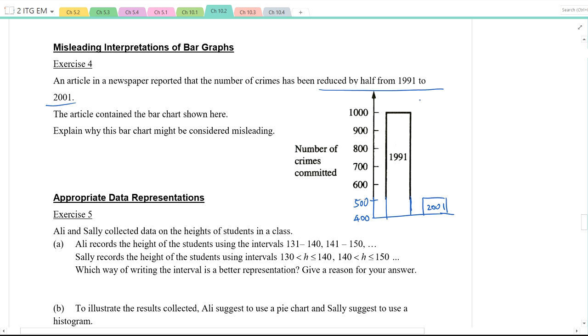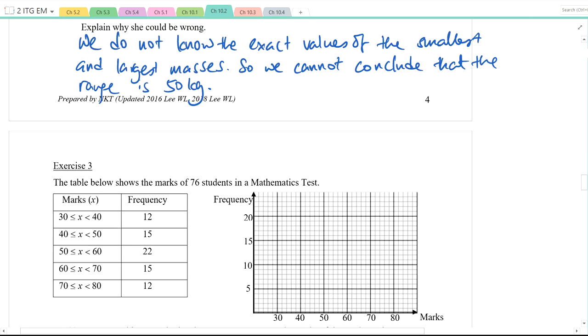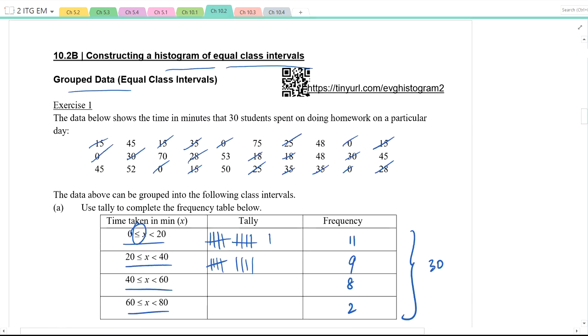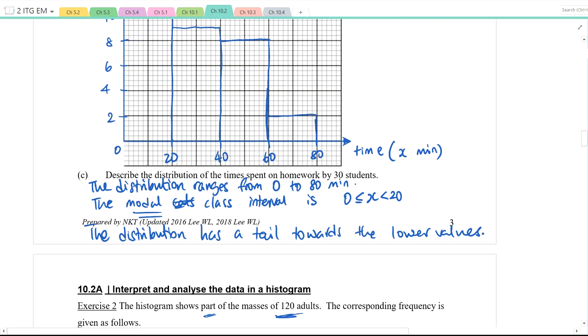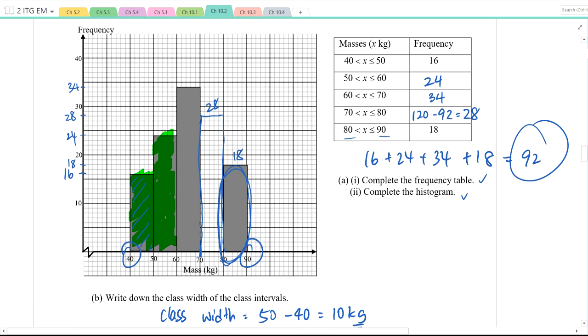The reason is because the horizontal axis over here has a value of 400. It didn't start from a frequency of 0. Remember, this is our frequency. If you look at all our histograms and bar charts so far, they always start with 0.